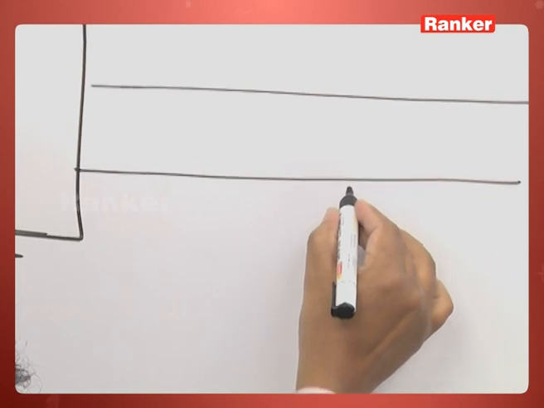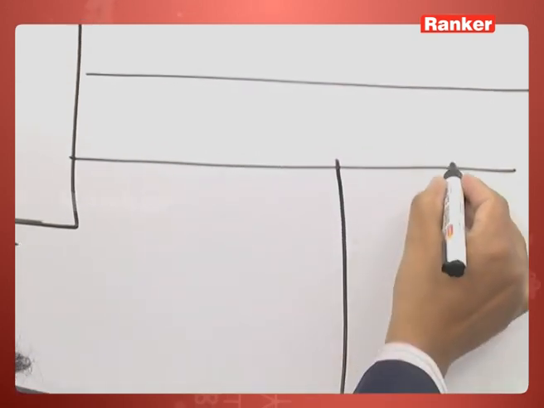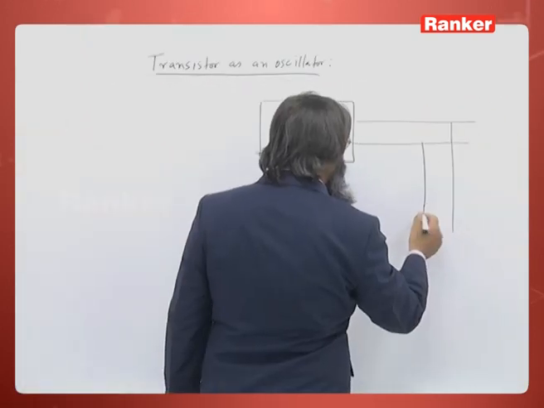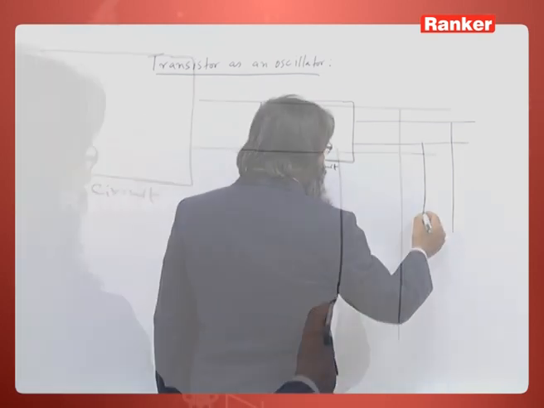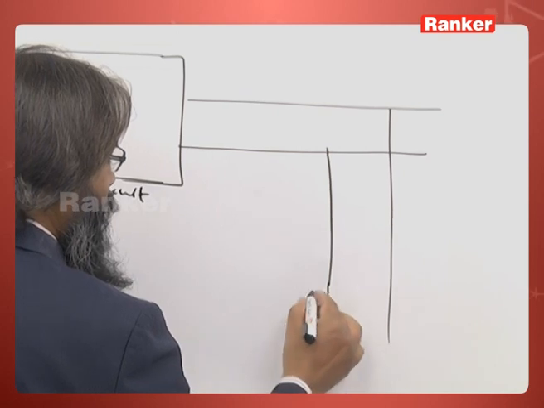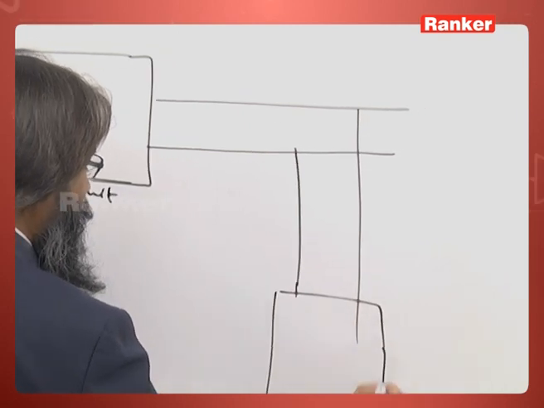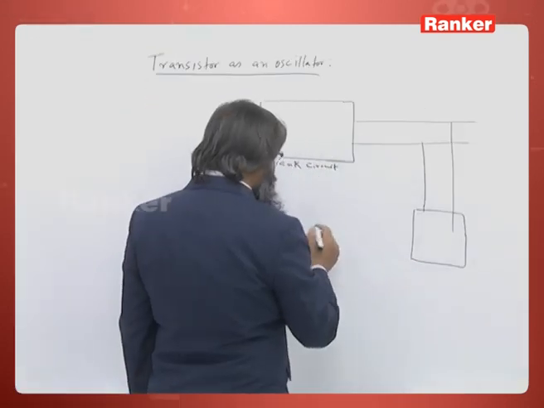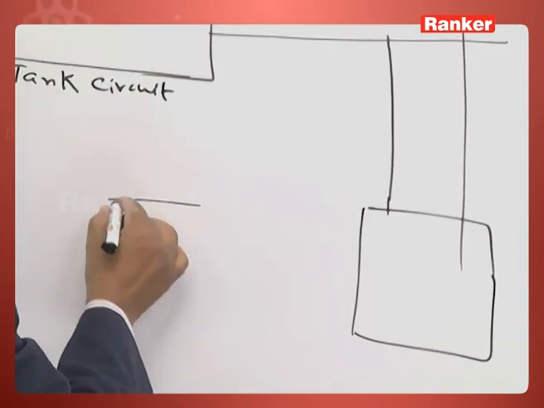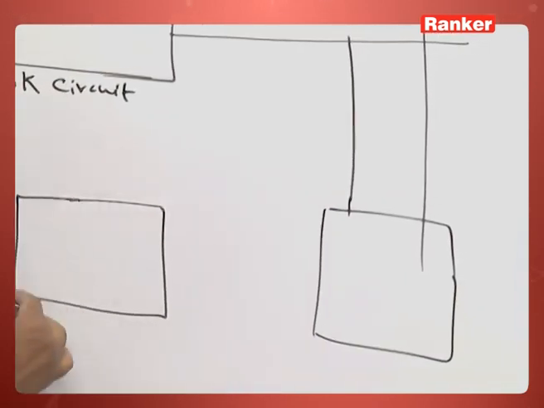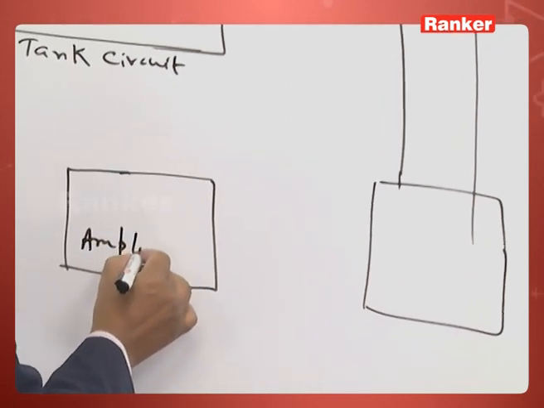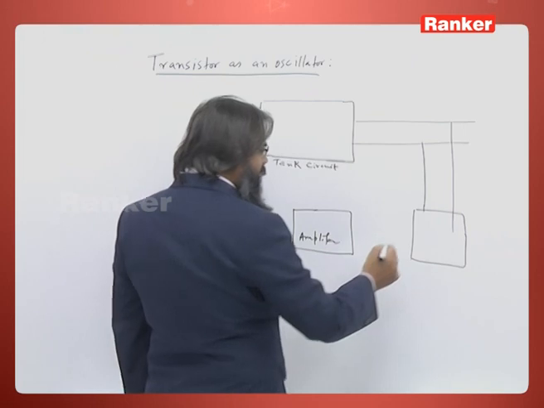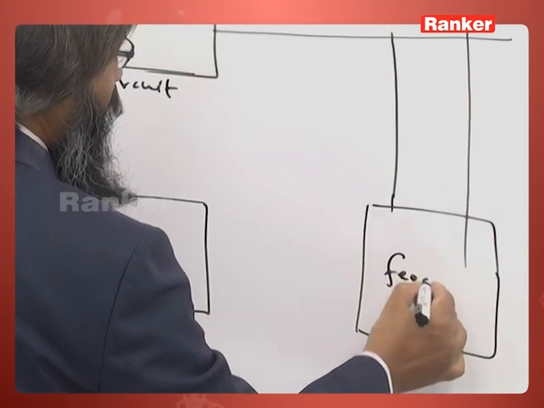We take an input from the tank circuit. This is called a feedback system. And there is an amplifier, or simply an amplifier or a transistor, we can say. This is our feedback system.